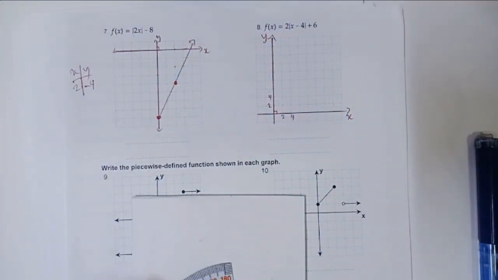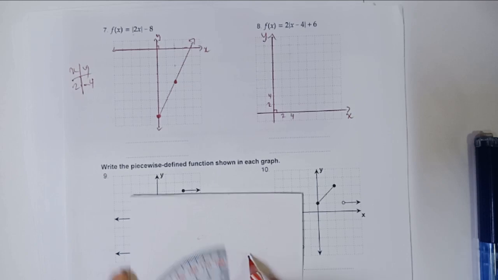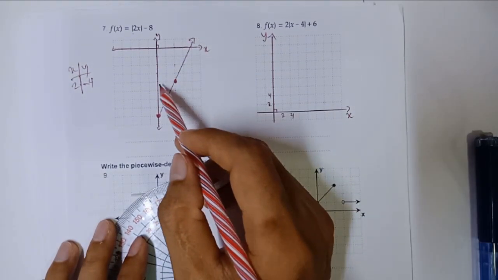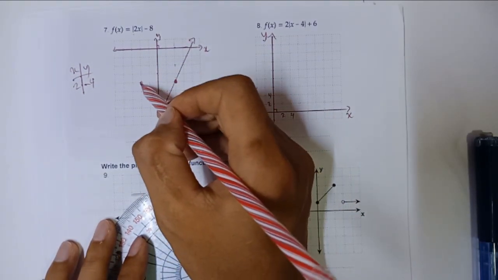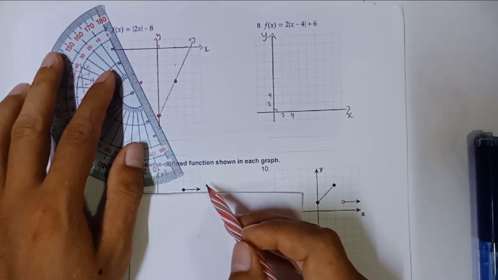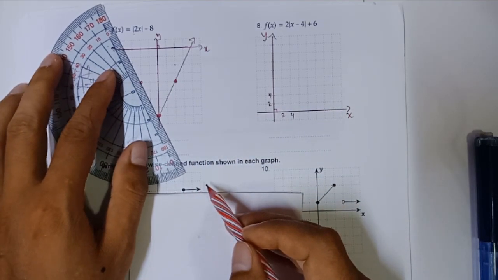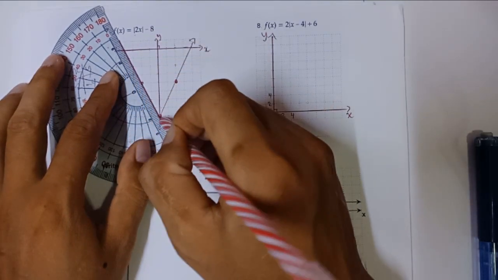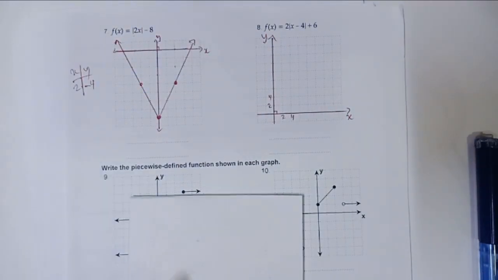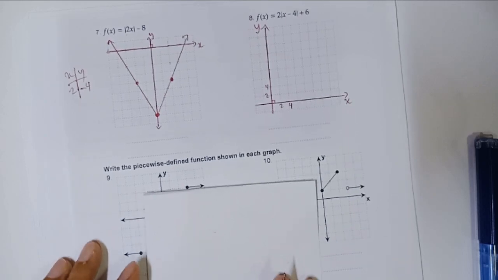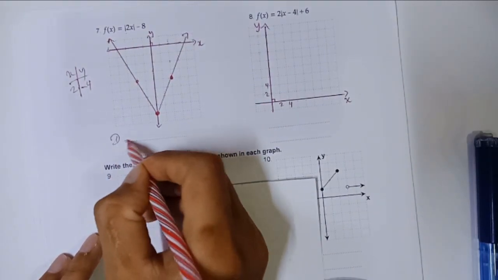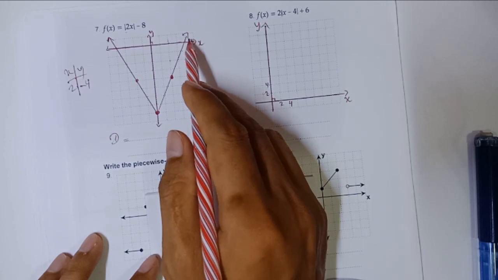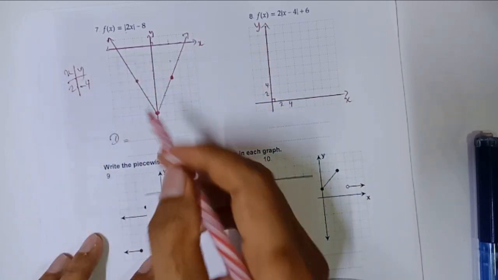2, -4, somewhere here. So that's one side of the graph. Now since this is a perfect V shape, let's count the number of grids. So going to be one more point right here to make a perfect V shape. Okay, now once you have this, let's get the domain and the range. Now for domain, as you can see, it extends both directions, to the right and to the left.